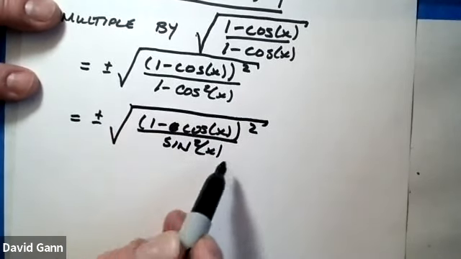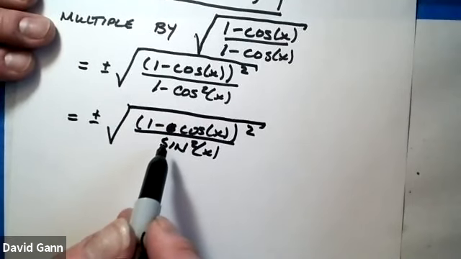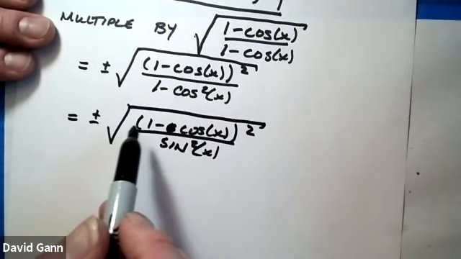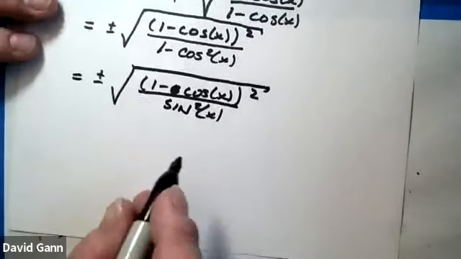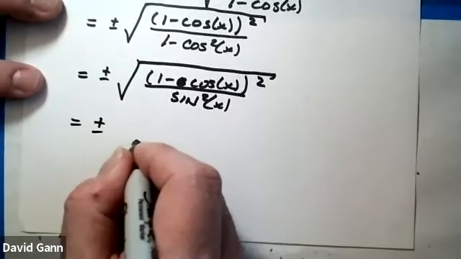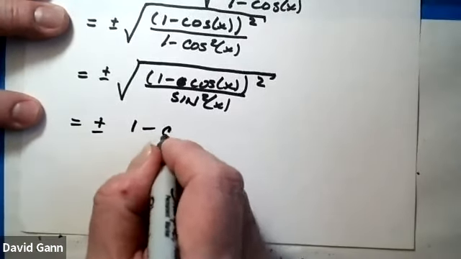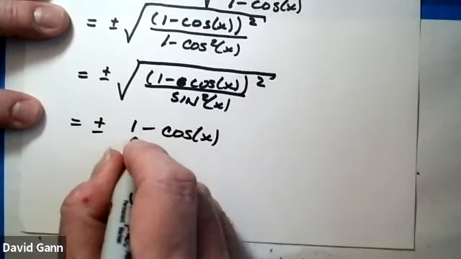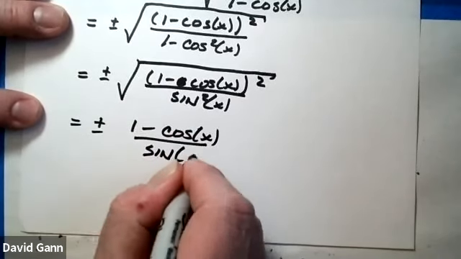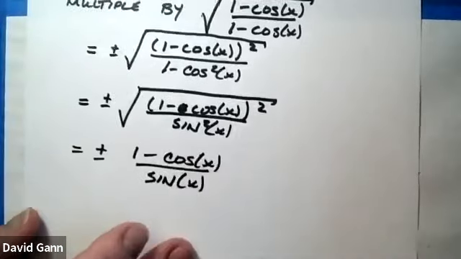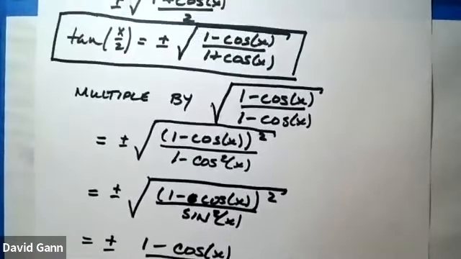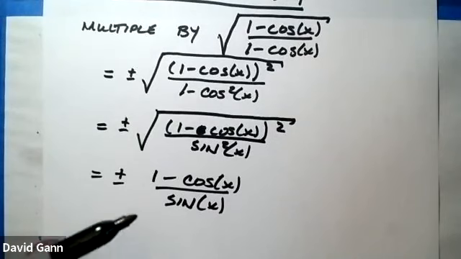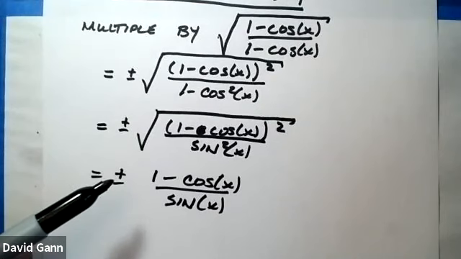And this whole term is a perfect square. And so when we simplify this radical expression, this just becomes plus or minus 1 minus cosine of x over sine of x. But we can do one better. All right, we can do one better here because we can now actually get rid of this plus or minus.